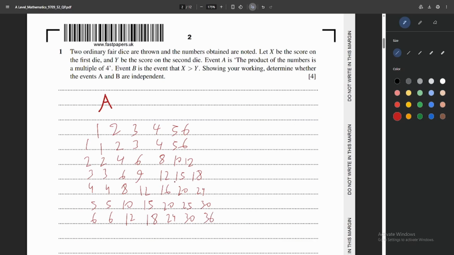All right, so this is event A, the products, and let us see which numbers are multiples of 4.